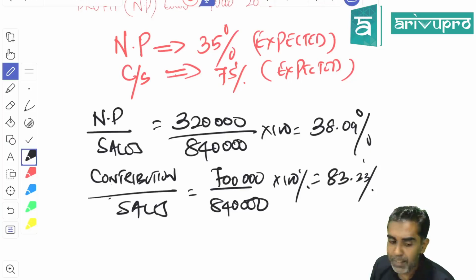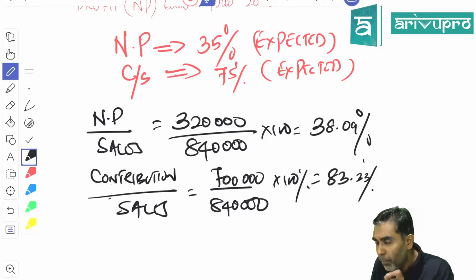Net profit and CS ratio respectively. This full stop and continue.